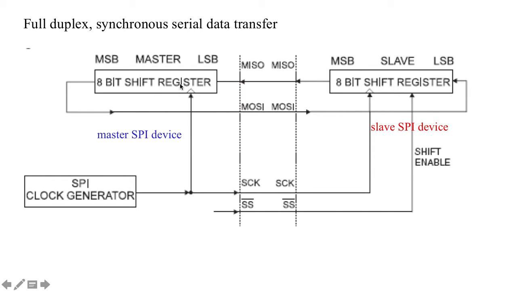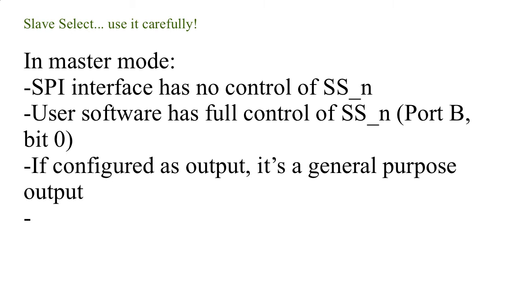So to recap, we have the SPI acting like one shift register, shifting into another, and the slave responding on a serial port using the MOSI MISO chain. Serial clock all comes from an SPI clock generator, and the SPI clock generator gets its clock by dividing down the system clock. So what we see from the master mode is the SPI interface has no control of the serial select.